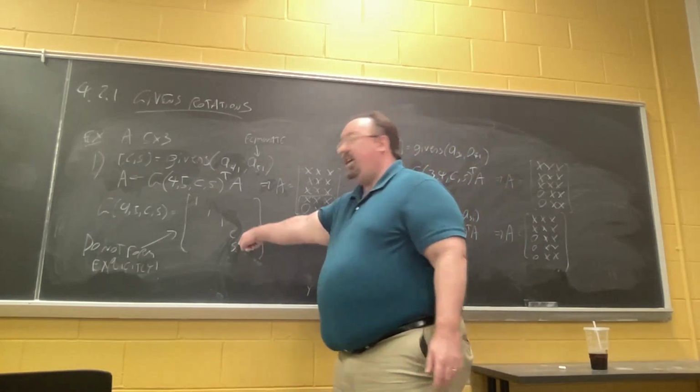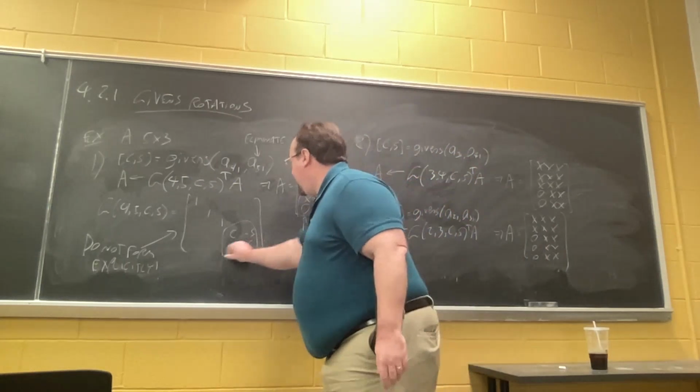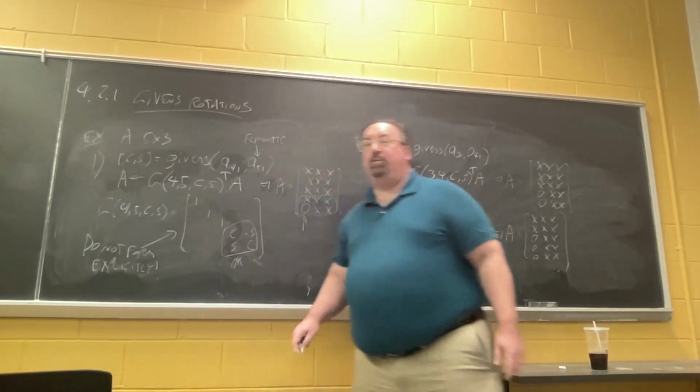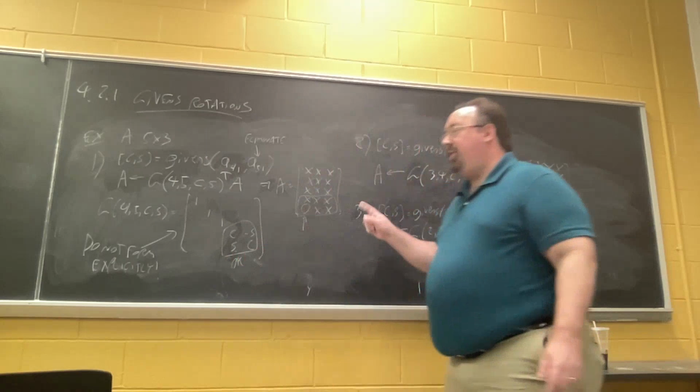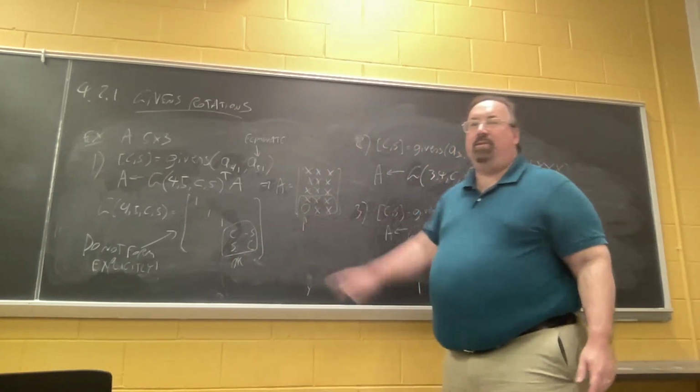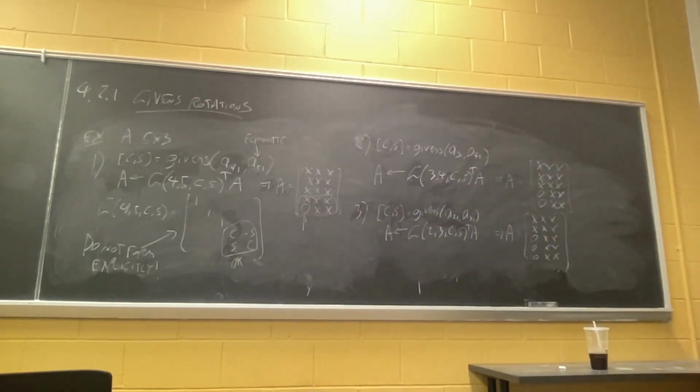Well, actually, you can form this part right here, and multiply the appropriate rows of A by its transpose. That'll be fine. Yeah, so you can use MATLAB's indexing to work on the appropriate rows.